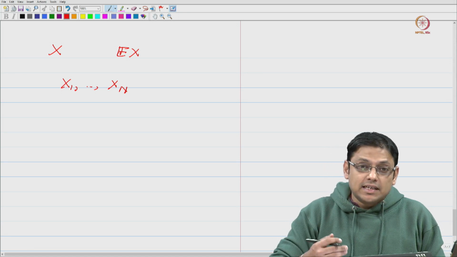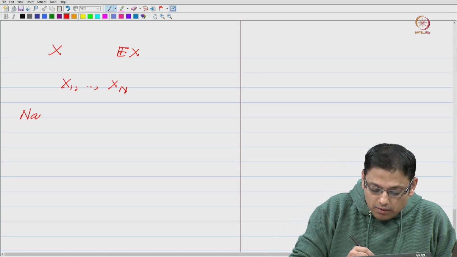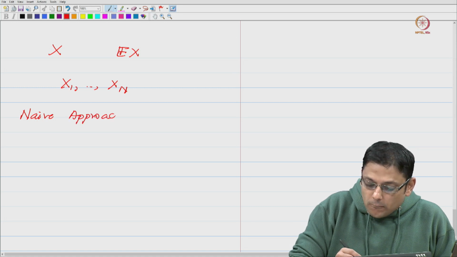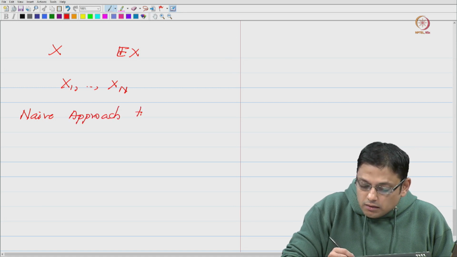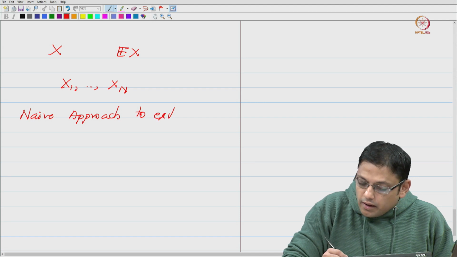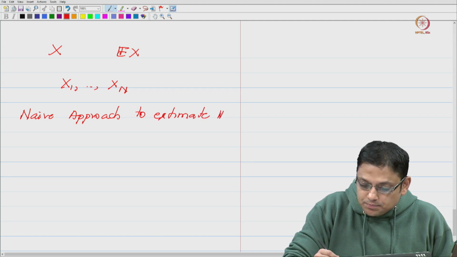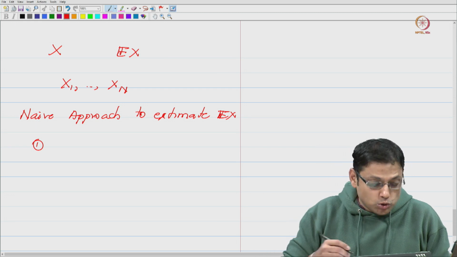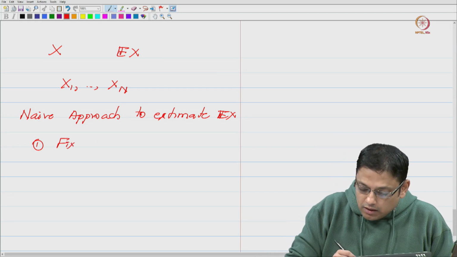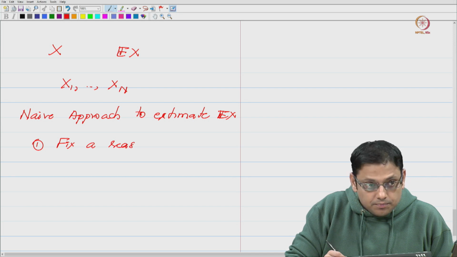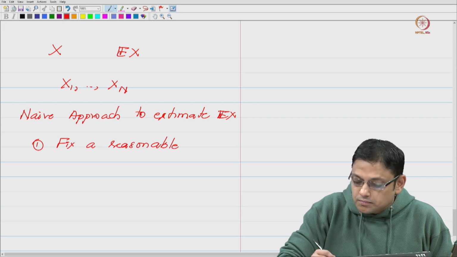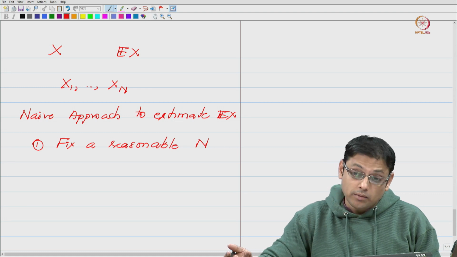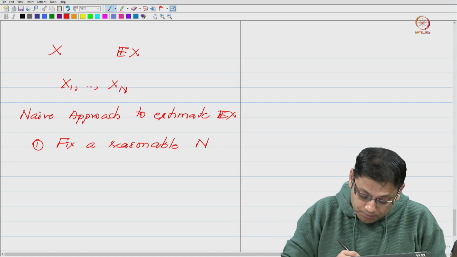Now, what is a naive way to determine the expected value of x? Well, the different steps in this naive approach could be: fix a reasonable n. This n could be, for example, 1000, 1 million, 1 billion and so on.